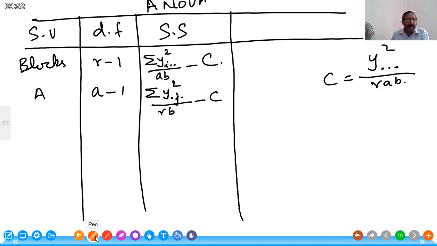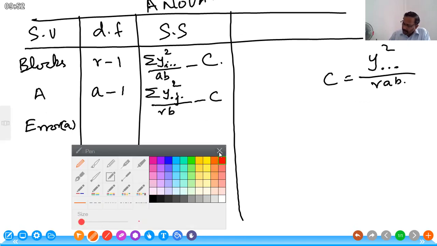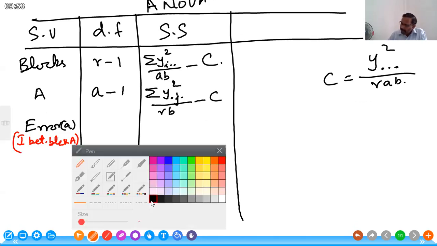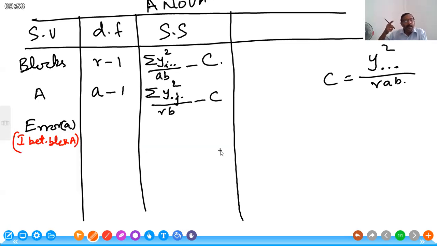The next one, this is about the main plot. Before going to the subplot, we'll have to give the error. So I will say error A. What this error A actually is, it is the interaction between block and factor A. So I write it in simple term, it is the interaction between block and factor A. So you can think about how we can formulate your sums of square.